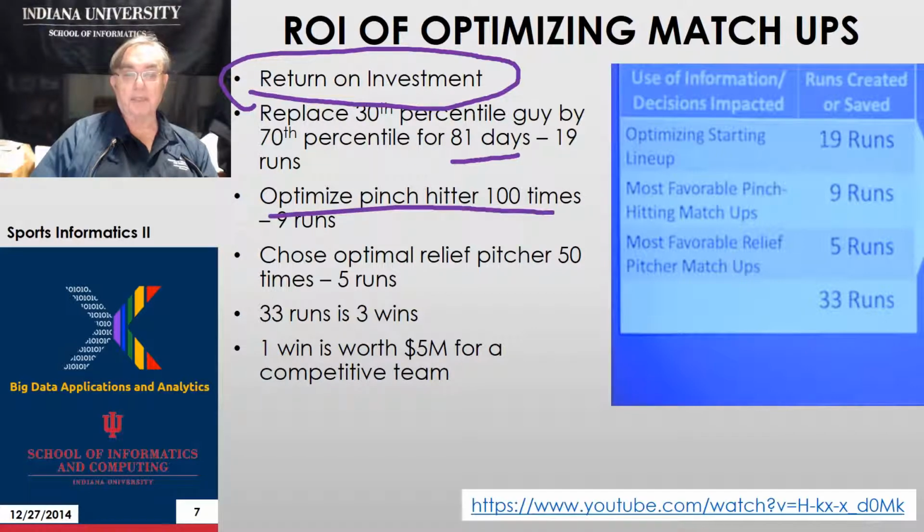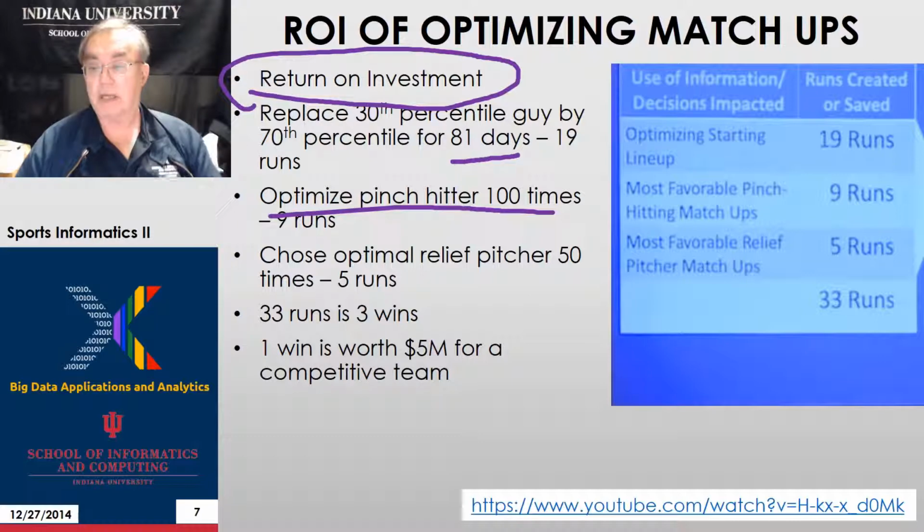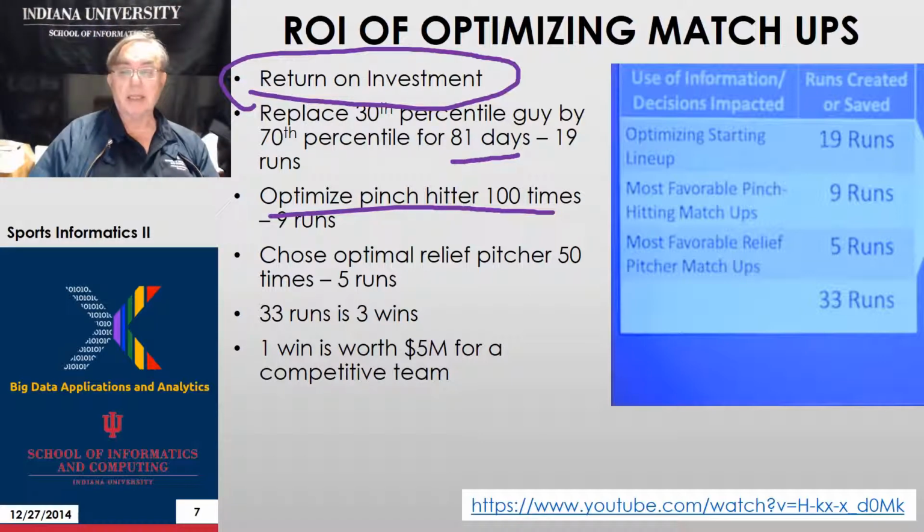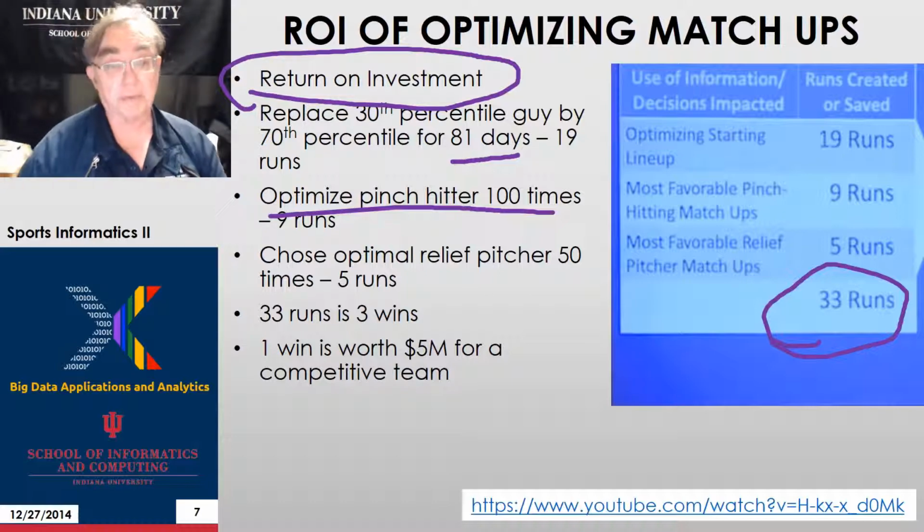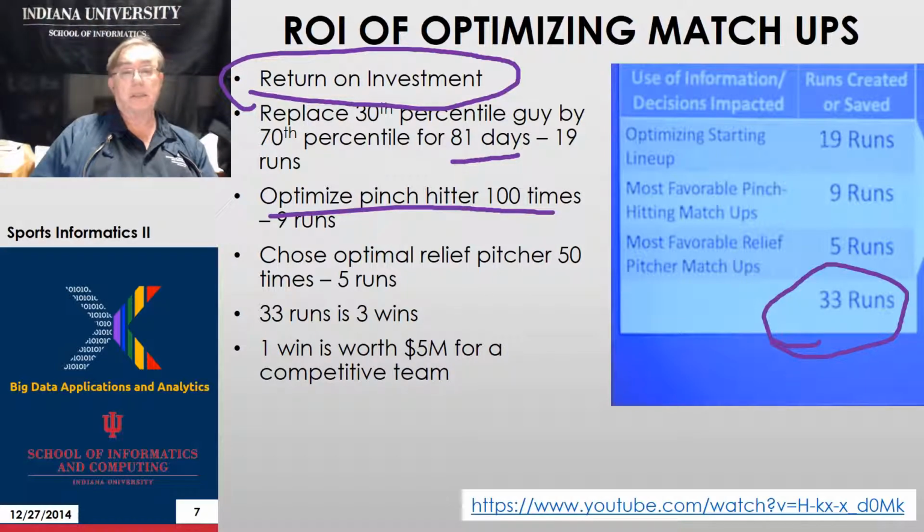If you optimize the pitch 100 times, you'll get 9 runs. And if you choose the optimal relief pitcher 50 times, that's 5 runs. So here is a way of getting 33 runs, which is 3 wins, which might be all the difference between getting into the playoffs and not getting into the playoffs. So these optimizations are on the margin.